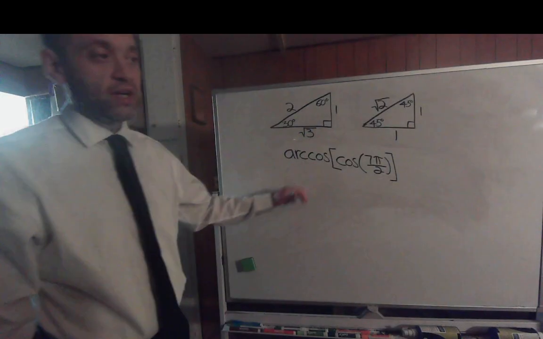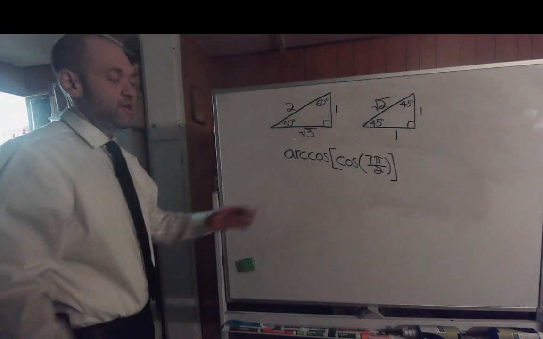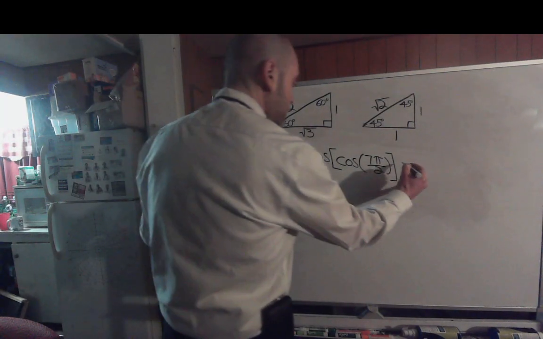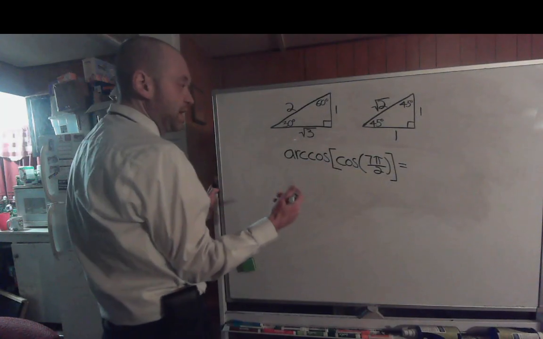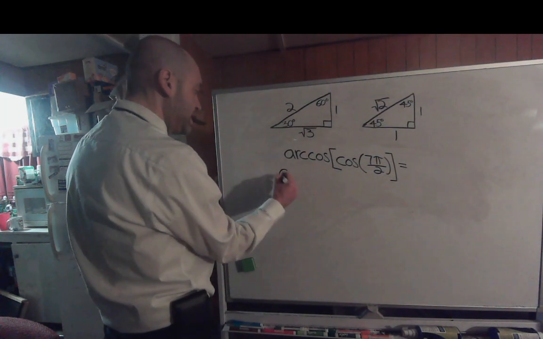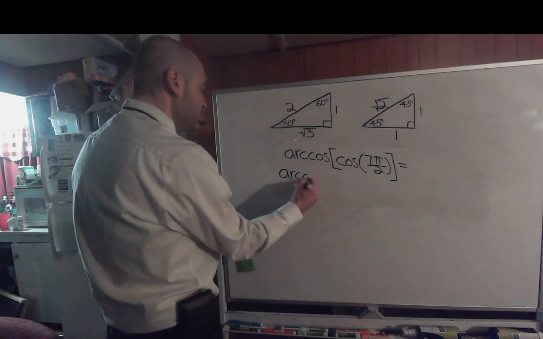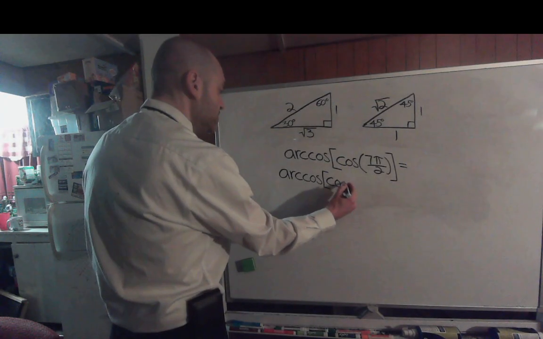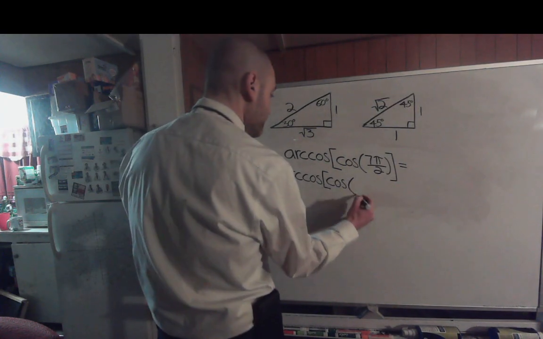So what's a reference angle for 7 pi over 2? If we subtract 2 pi, this would give you the arc cosine of the cosine of 3 pi over 2.